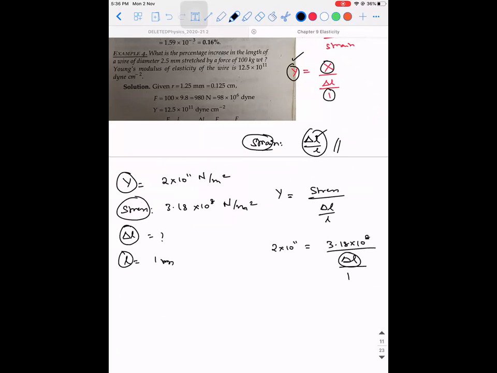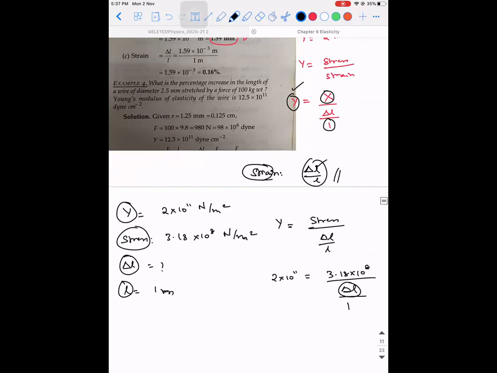So one unknown, one equation, you can solve it. Okay, sir. Yeah. Guys, am I clear?